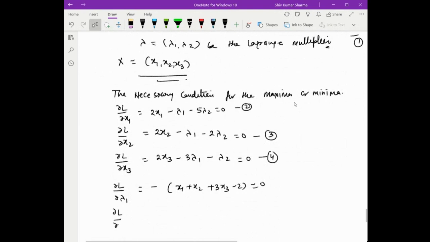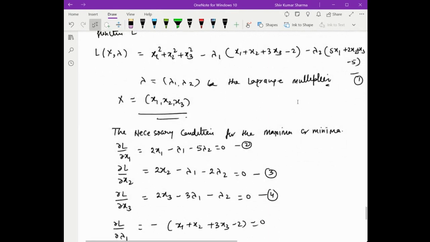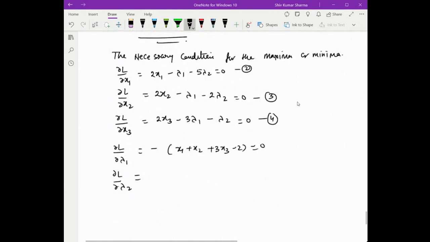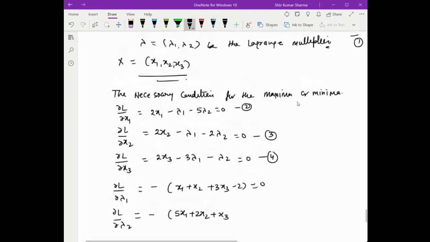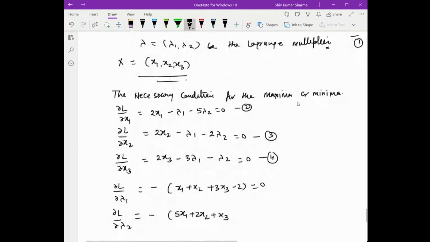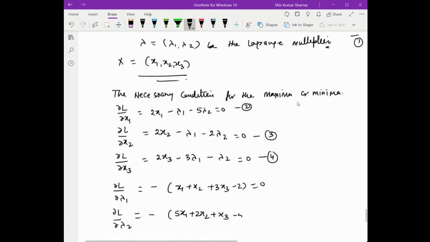And we differentiate with respect to lambda 2, which gives 5x1 plus 2x2 plus x3 minus 5 equal to 0. This is equation number 6. So we have 5 equations.